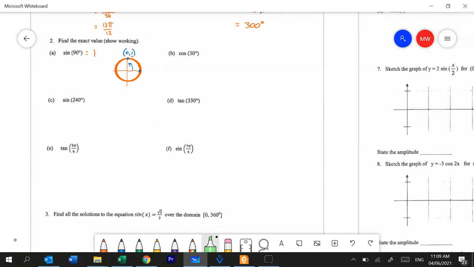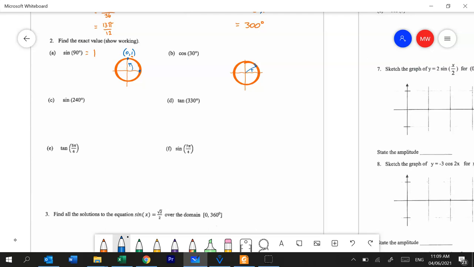Next, we're going to have a look for cos 30. This one, a little bit different. So here, we're still in the first quadrant, and we've drawn our unit circle, but this time we've gone from here up to about, say, here, and we're looking for an exact value of this.